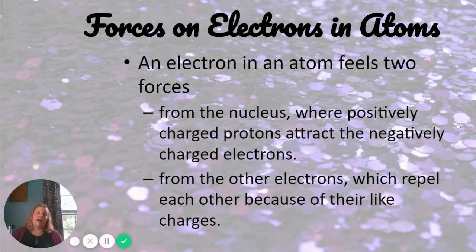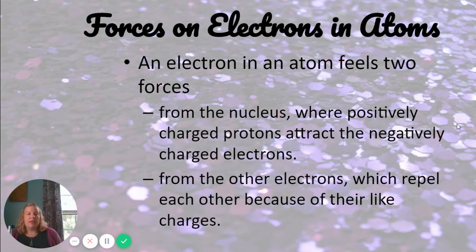However, around your element, you have other electrons in pretty much everything except hydrogen. Those electrons are negative, as well as you, the little electron we're talking about, and so when they interact with each other, they push each other away.